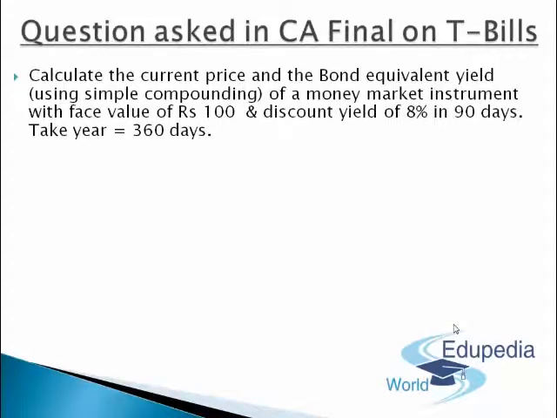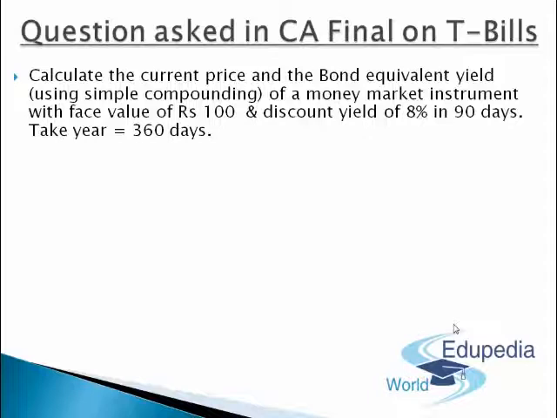The question was: calculate the current price and the bond equivalent yield using simple compounding of a money market instrument with a face value of rupees 100 and discount yield of 8% in 90 days. Take the year as 360 days.